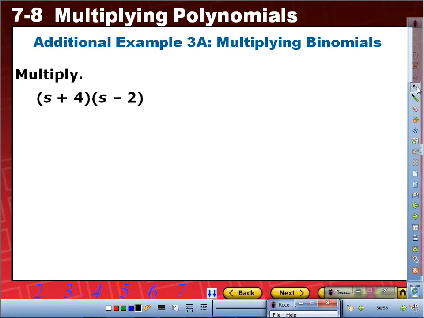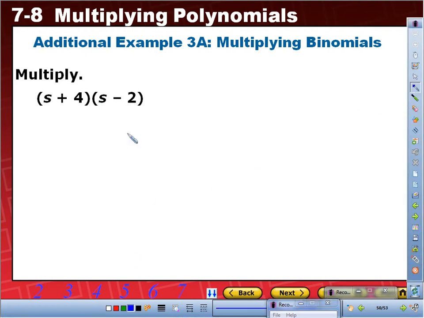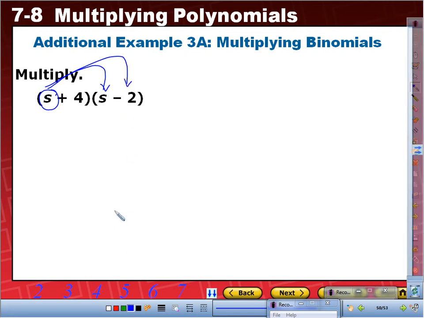So check this out. I want to start with the first term. My first term is what? S. And I'm going to multiply times s and times negative 2. So what is s times s? S to the second. What is s times negative 2?